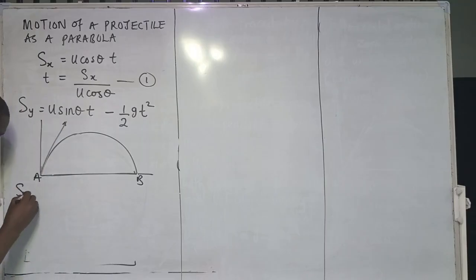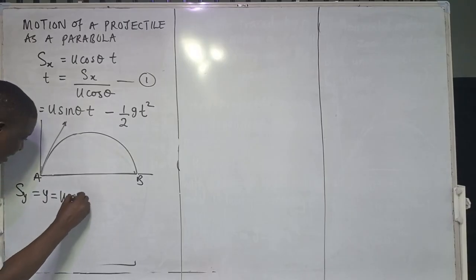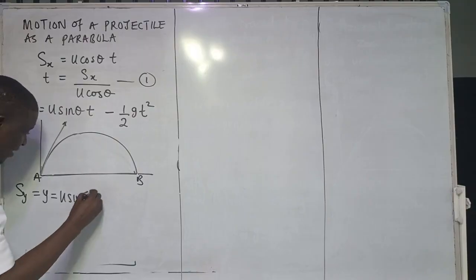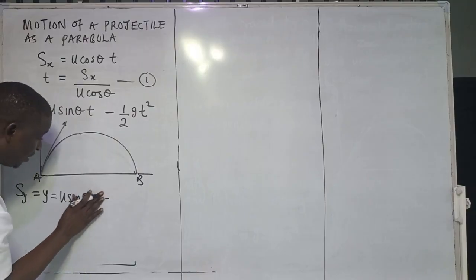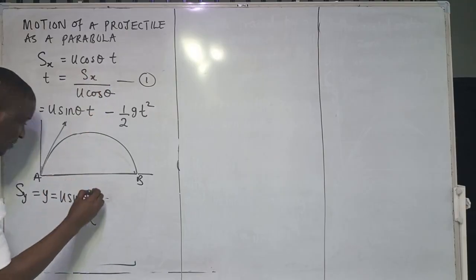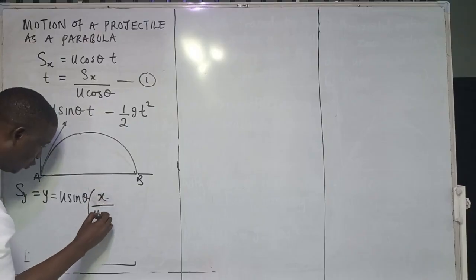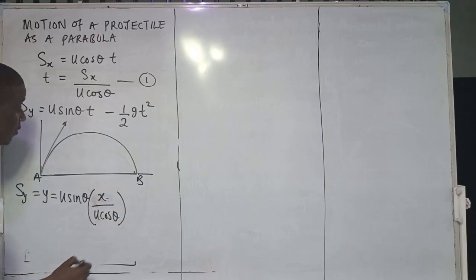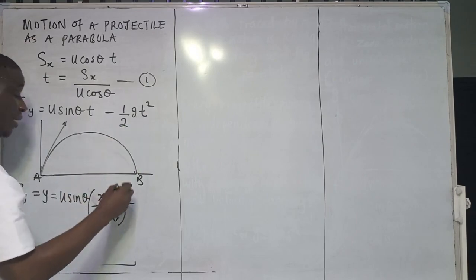That means Y is equal to U sin theta times T minus, in place of T now, let me use S over U cos theta. Anywhere I see T, I put that one there.